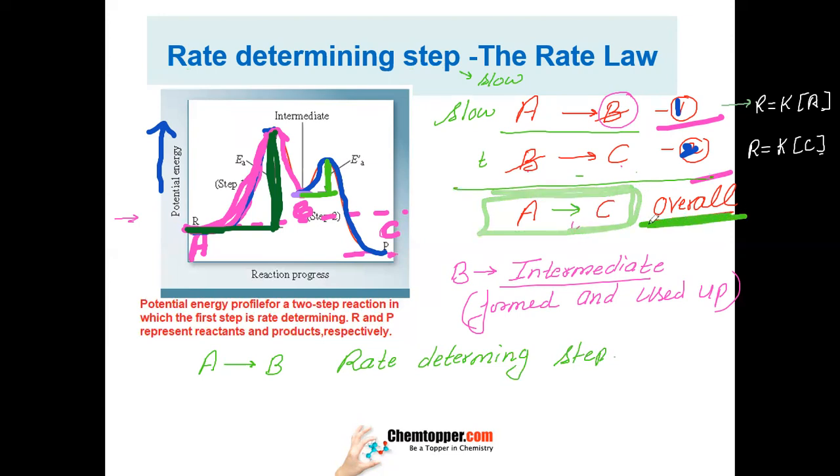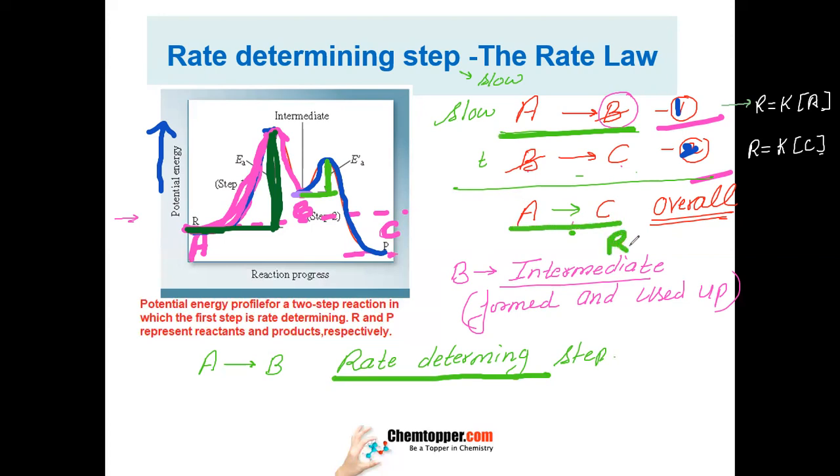What's the rate law for this overall reaction? The rate law is the same as that of the rate determining step. So the rate law for this overall reaction is rate equals K times the concentration of A, from the slow step.